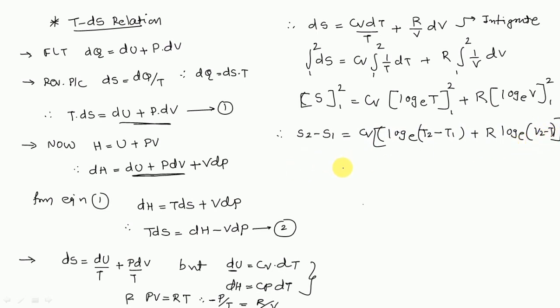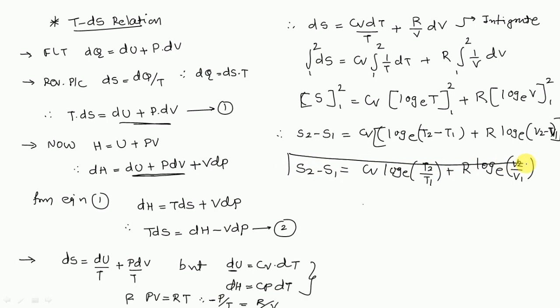Okay, so if I write this equation in form of Cv log base e T2 by T1 plus R into log base e V2 by V1, this is not T1, it is V1. So this is the first equation: S2 minus S1, change in entropy in form of temperature and volume. And it is a very important equation from the exam point of view.